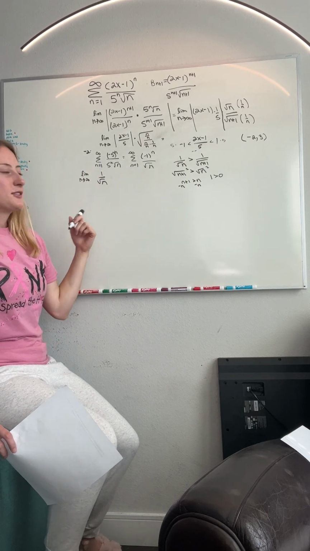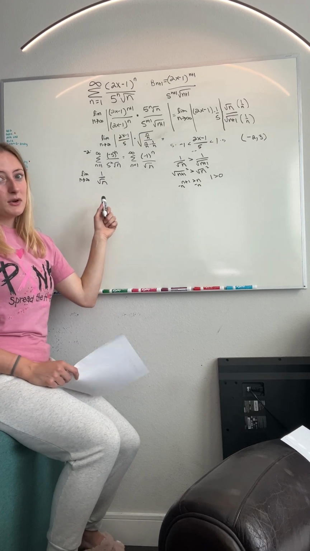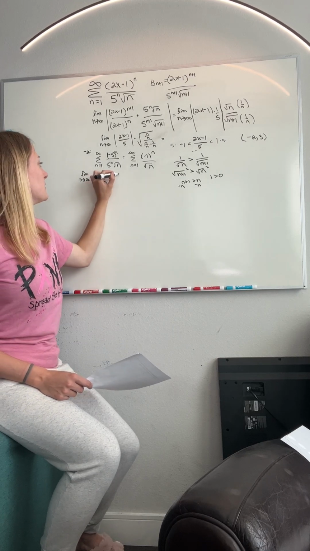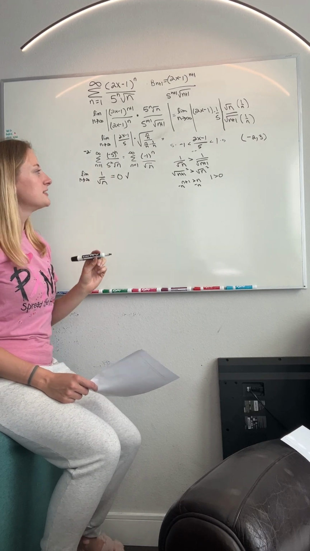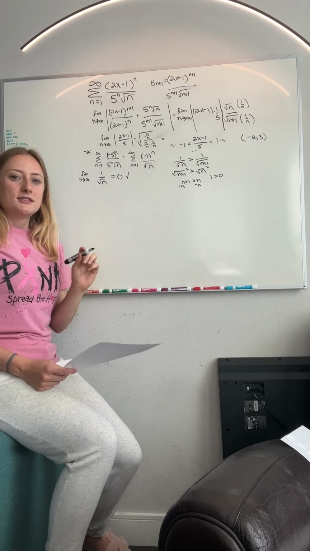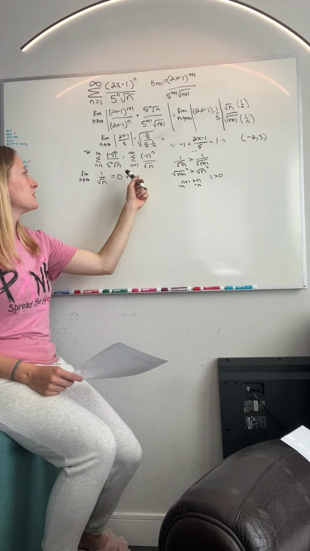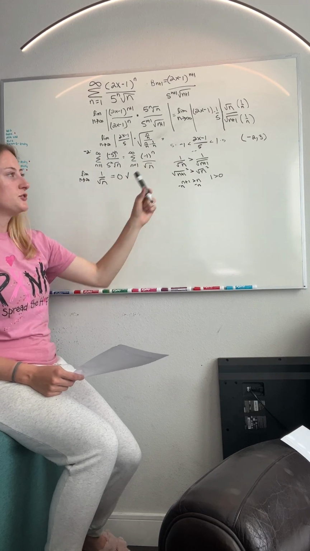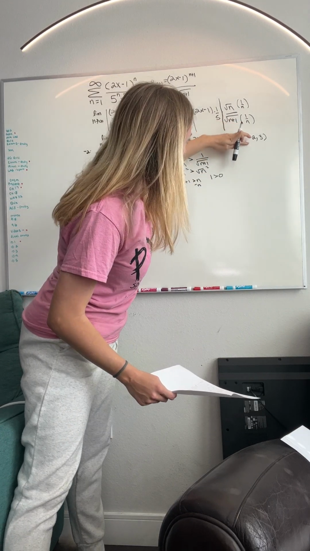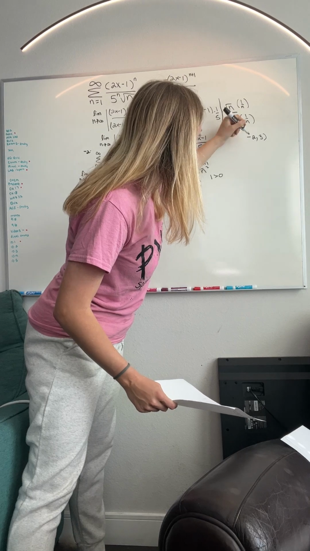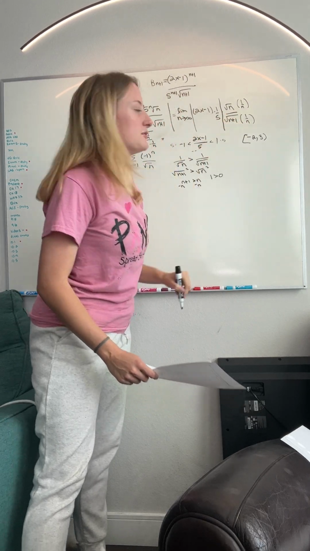Well, square root of infinity is infinity, 1 over infinity is 0, so that passes the alternating series test. So this is officially convergent at negative 2, so we can change that to a square bracket to include negative 2 in our interval of convergence. Okay?